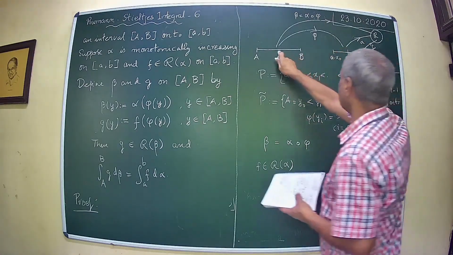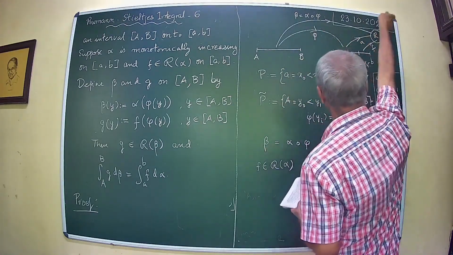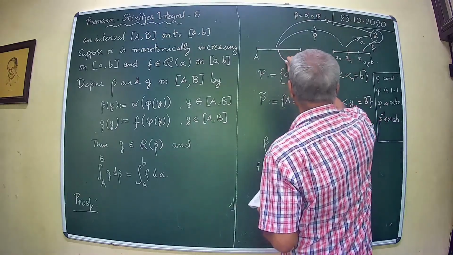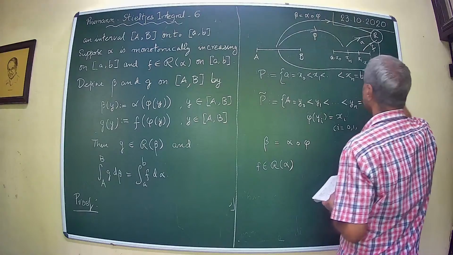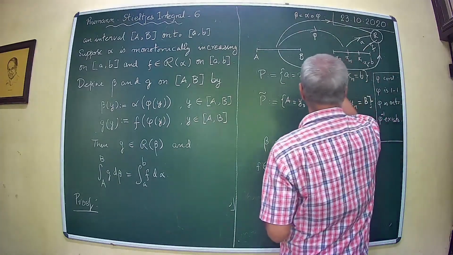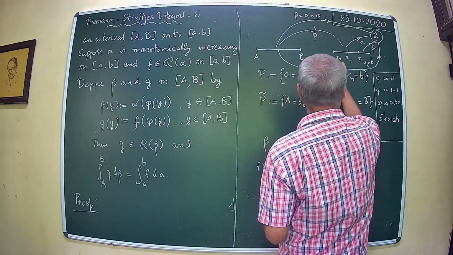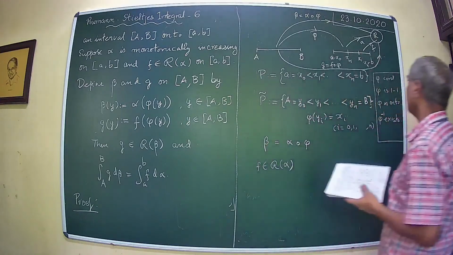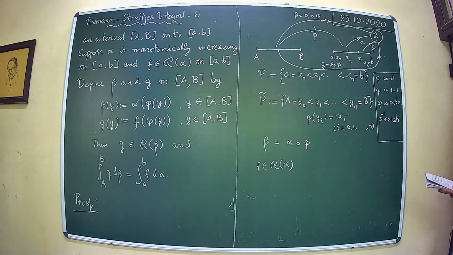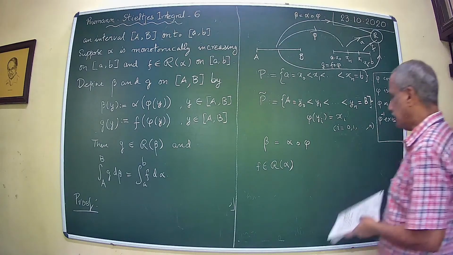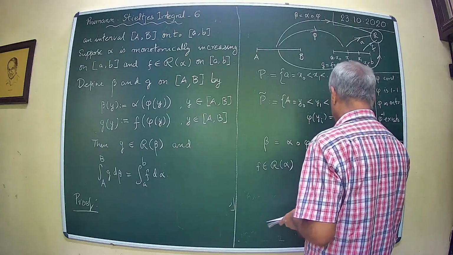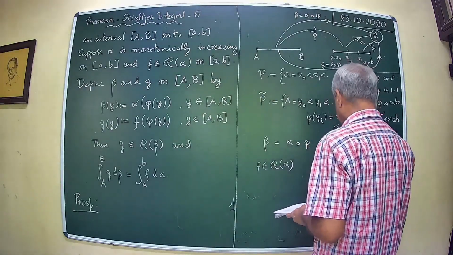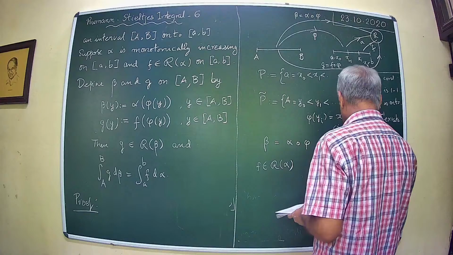That means you start with some element here, map it here, and then apply f. So you have G defined as f composition phi. These are the maps.